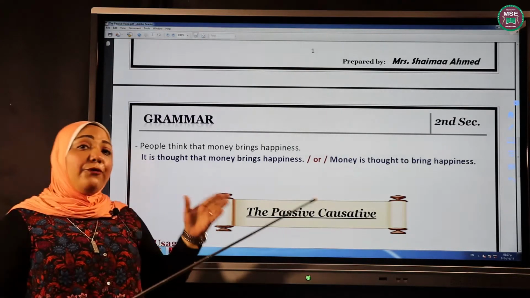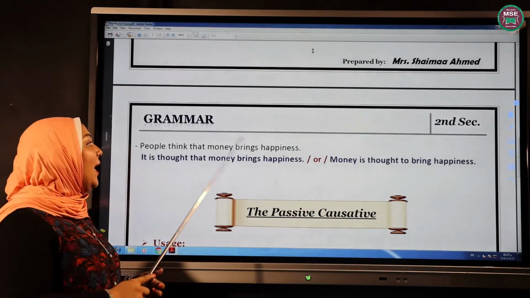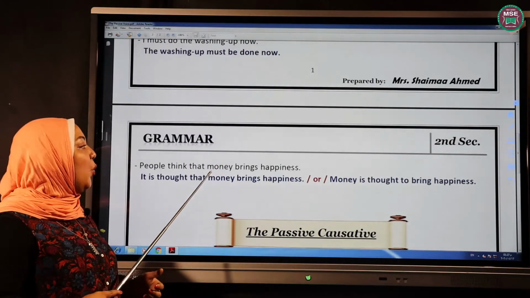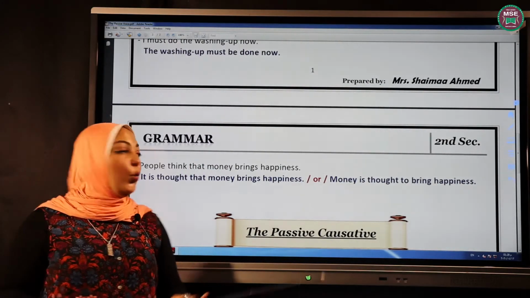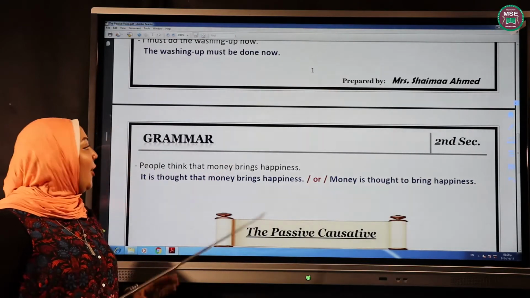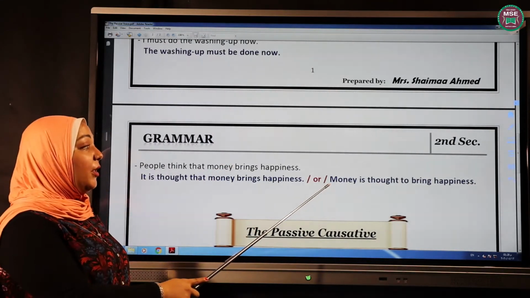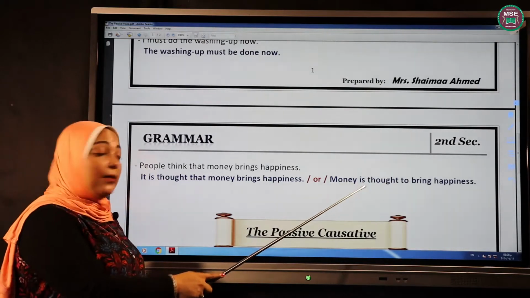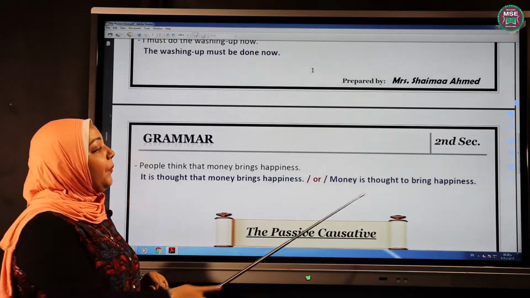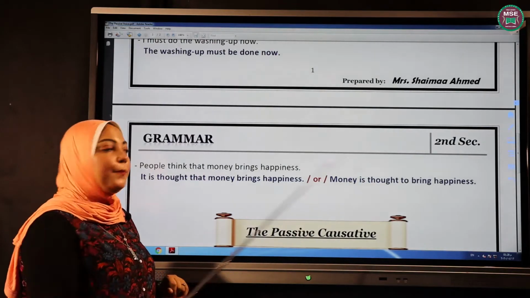What if we wanted to start with the other noun, or the subject of the second part of the sentence that people think of, which is here money? If I start with money, let's follow the same steps. Because think is present simple, money is thought.